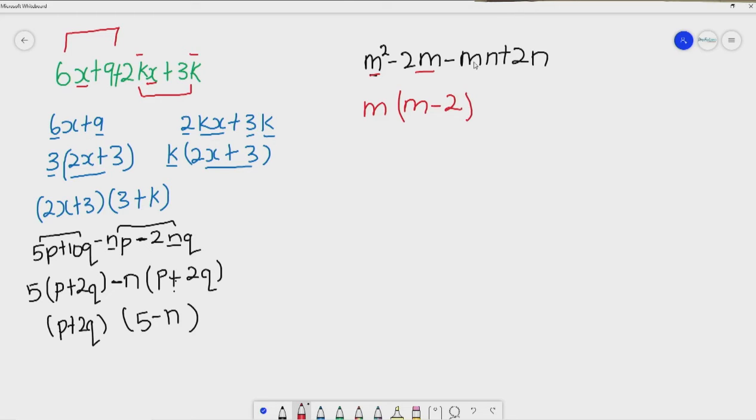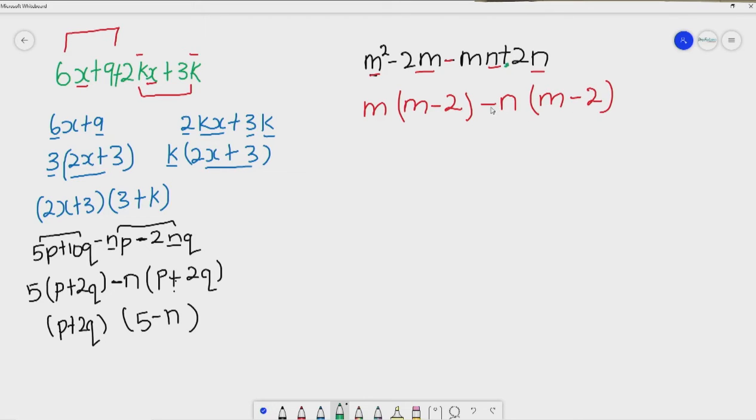Second pair, we have mn plus 2n. We're going to rewrite the subtraction sign, and we have n being common in both terms. mn divided by n would be m, and 2n divided by n would be 2. Now let's pay attention to this so that you can see how we moved from an addition sign to a subtraction sign.